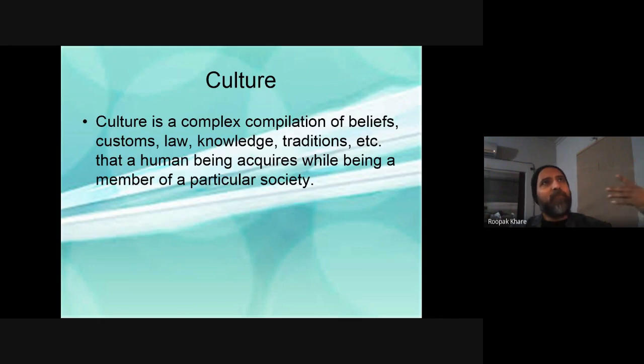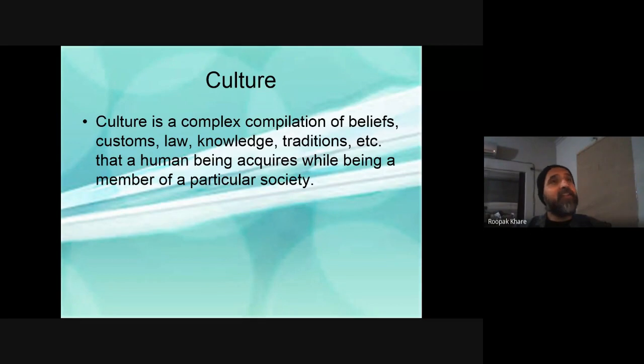And when you say the way people live, everything becomes a part of it. Food becomes a part of it, language, clothes. Their ethics, their traditions, the kind of vision they have towards life, the way they spend their leisure time becomes a part of it. Everything, right? Their belief system, their laws, their knowledge, all this becomes a part of culture. So culture is a very pervasive term.